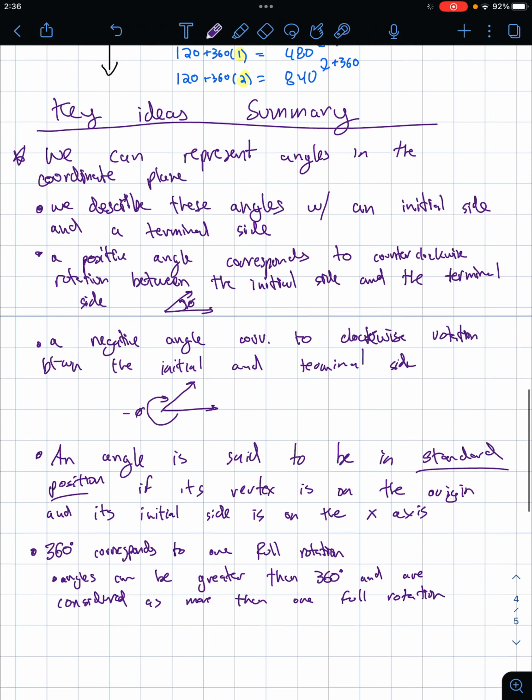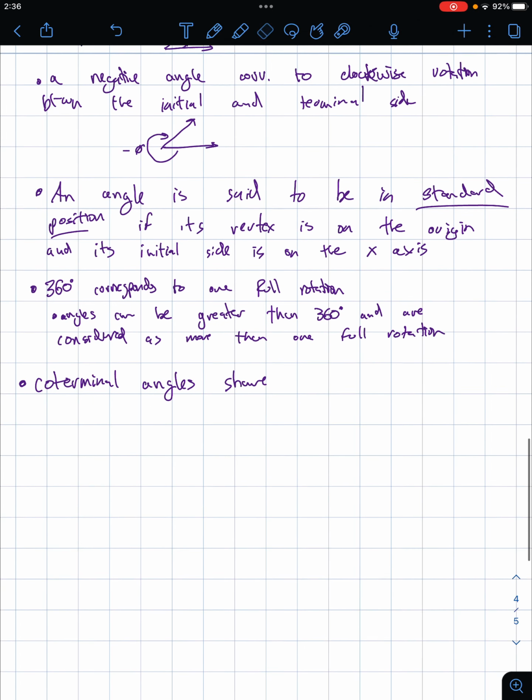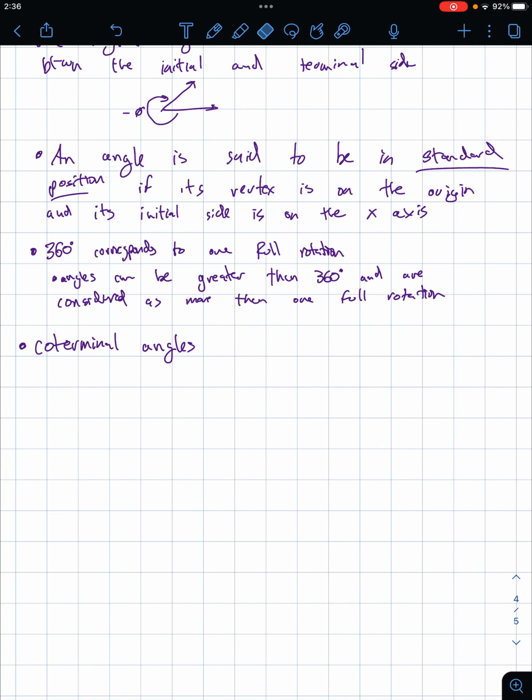And then our last key concept here: coterminal angles in standard position share an initial and terminal side.